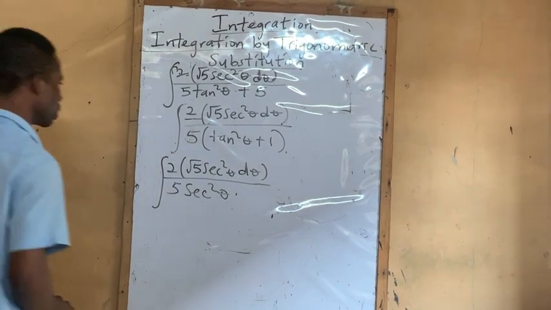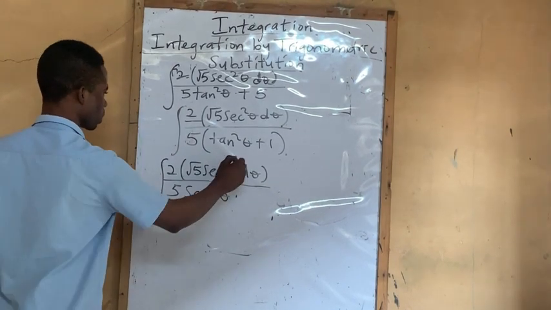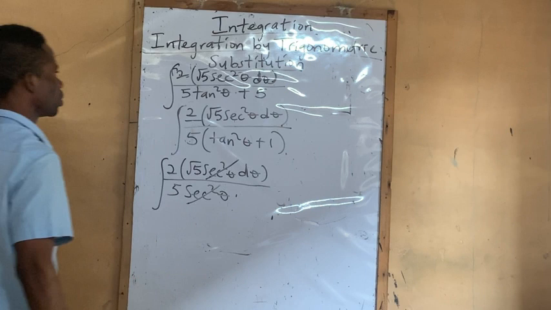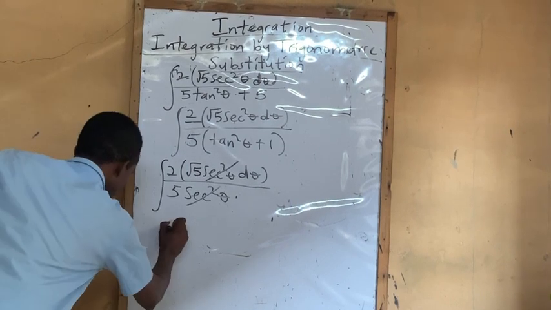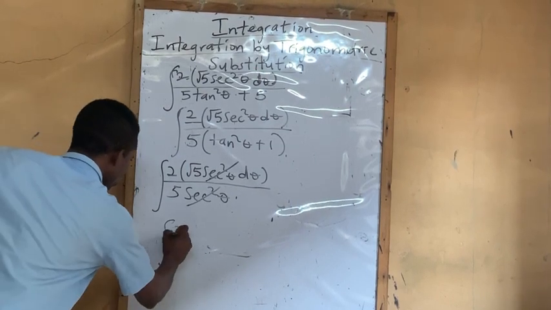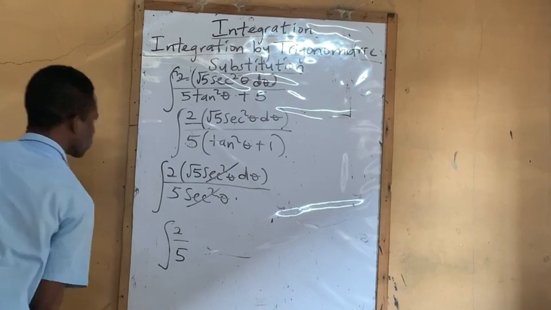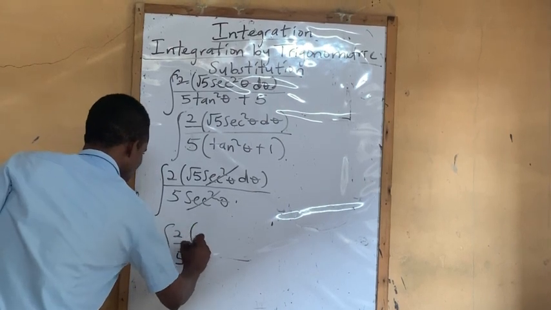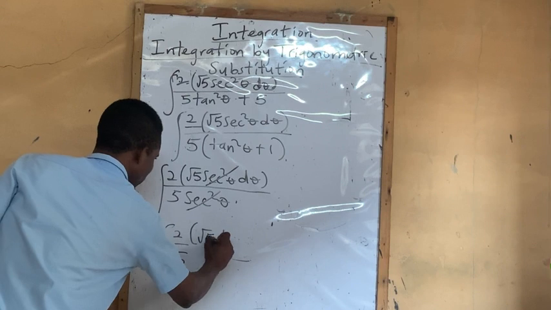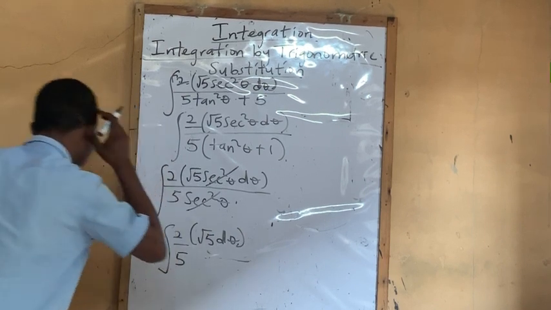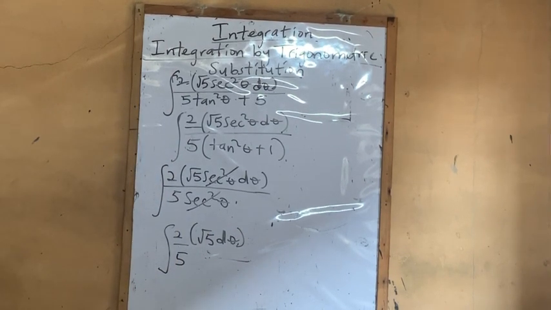So definitely this sec square theta cancels sec square theta. So we are having integral of 2 all over 5 square root of 5 d theta. That's all we have left.